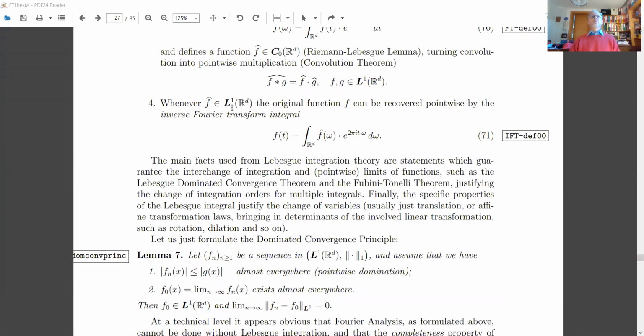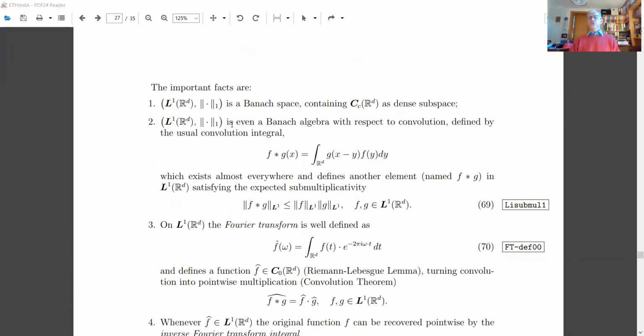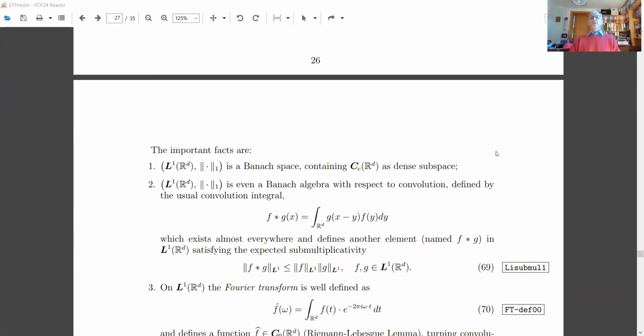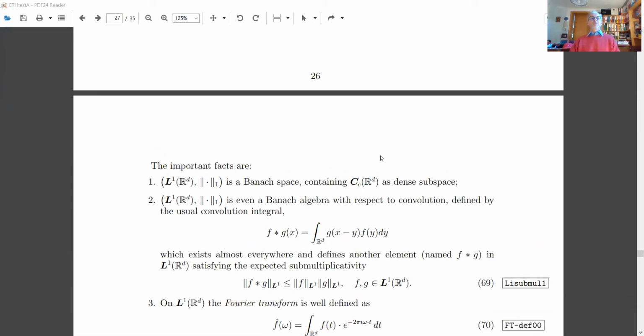I will maybe tell you only a short comment before going into the break. And that's the number 1 property here. How can you relate what we have been doing to the L1 story?